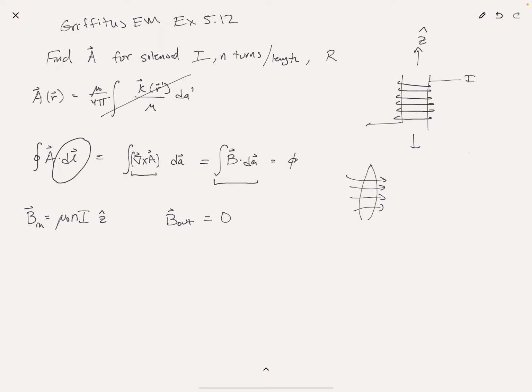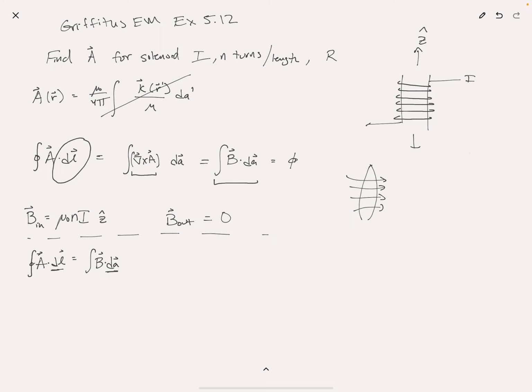All right, so let's figure out what the magnetic vector potential is inside. I'm going to say that the integral of A dot dl is equal to the integral of B dot dA. The first thing I need to do is define a path and a surface enclosed by that path to evaluate these dot products on.